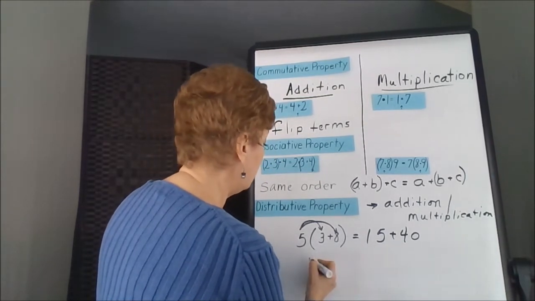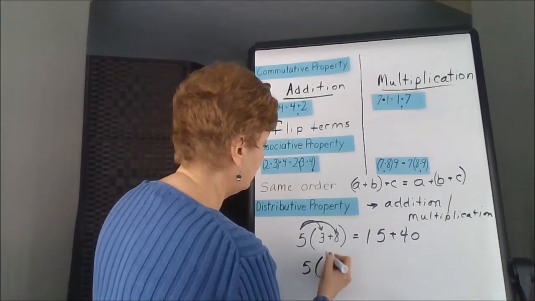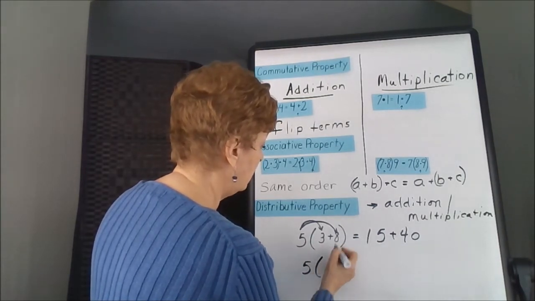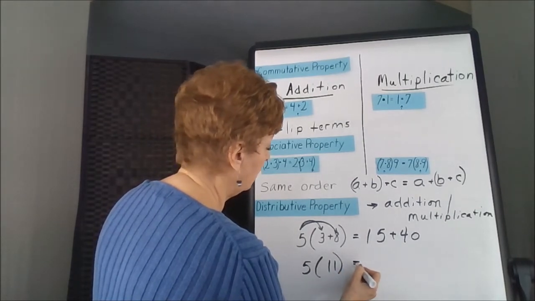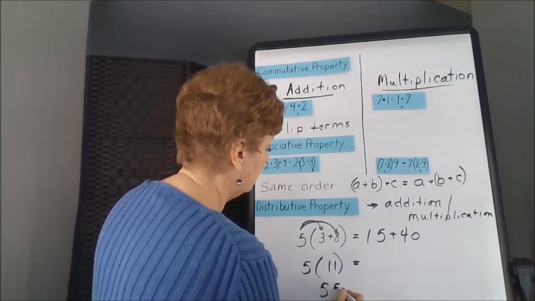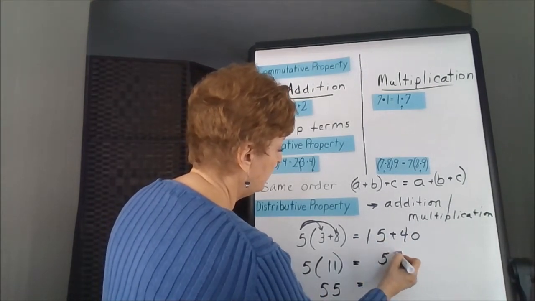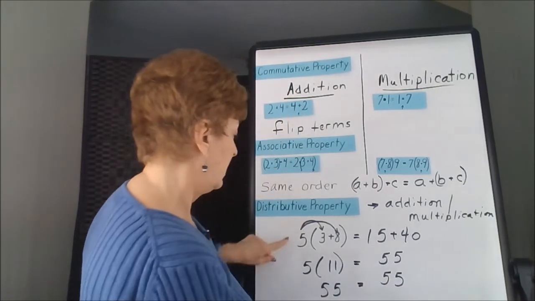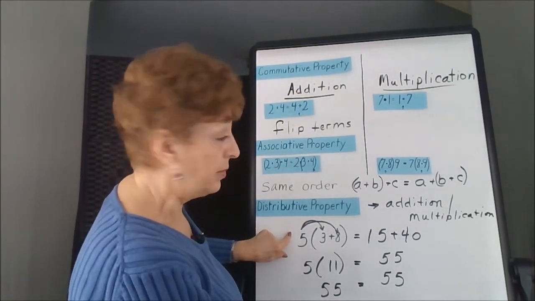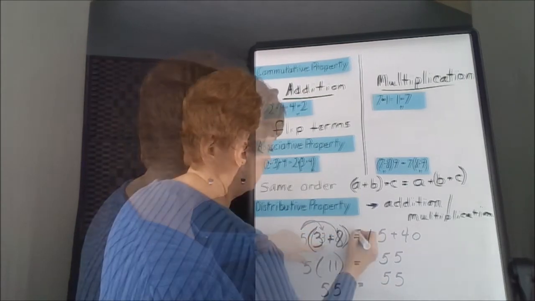And that would give you the same as if you went 5 times 8 plus 3, 11, would equal 55. 15 plus 40 equals 55. So this is a distributive property of multiplication over addition.